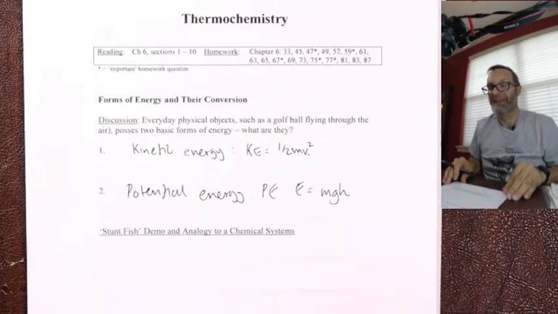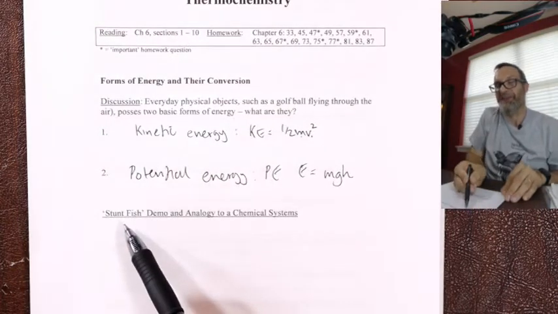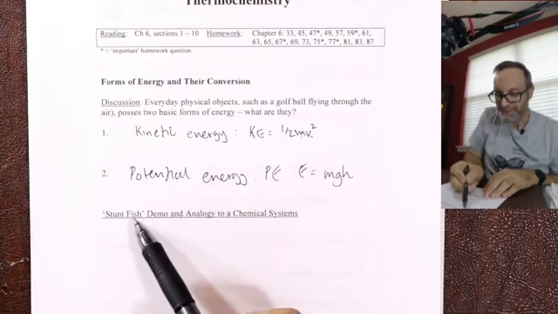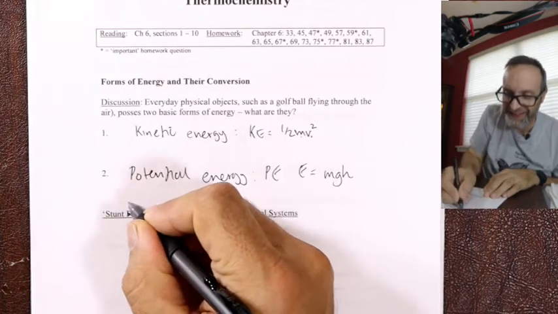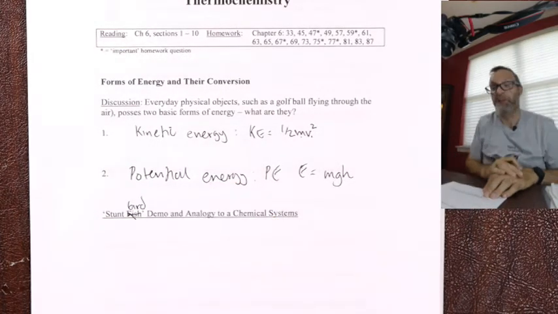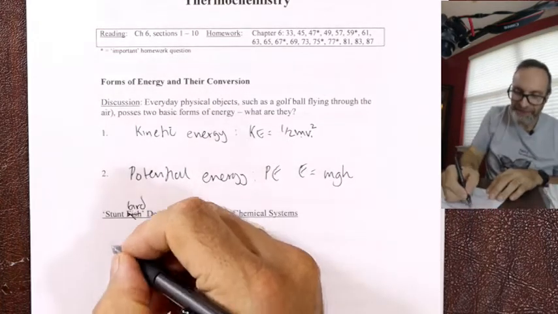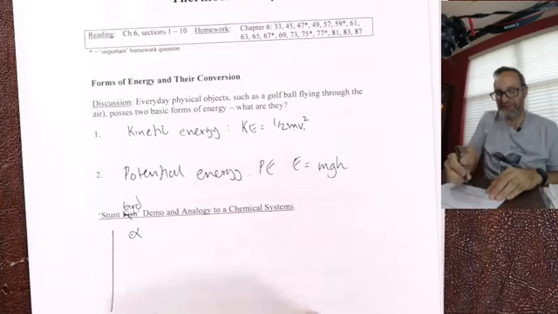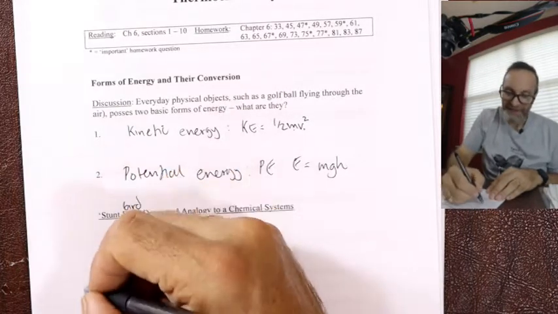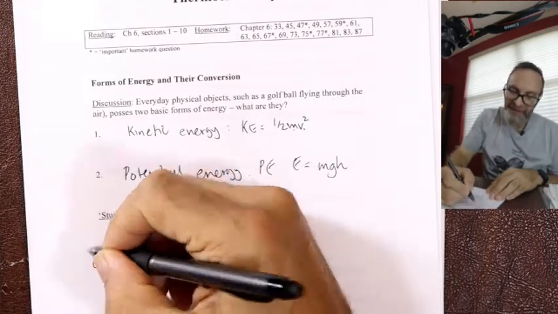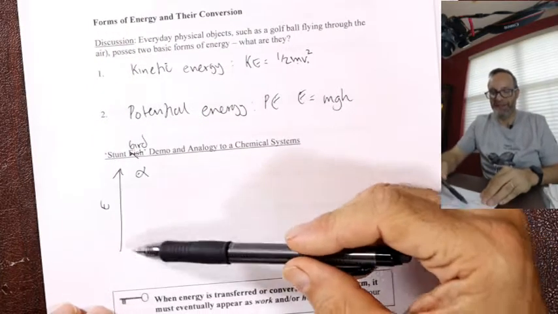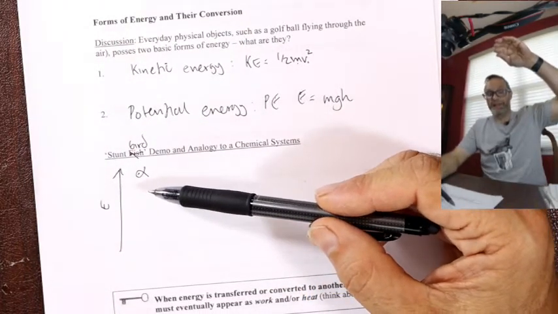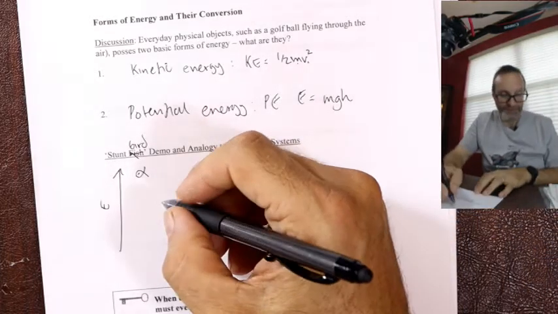Now, if this was class, I'd have a special little fish puppet, which is at school. I'll use the fish symbol though, so it's easy to draw. So if I take my fish, and think of an energy scale, I lift the fish up to a high point, or the penguin in this case, and then drop it down.